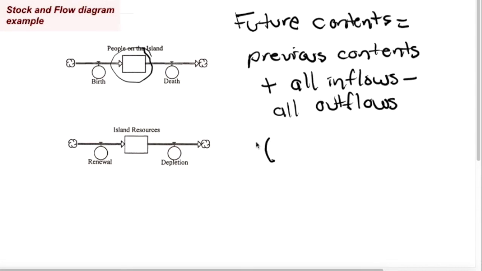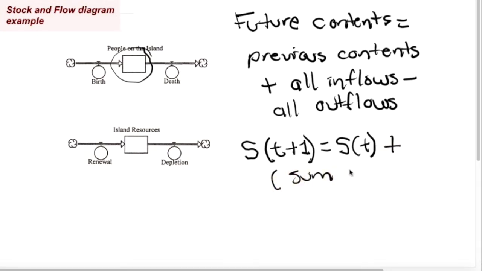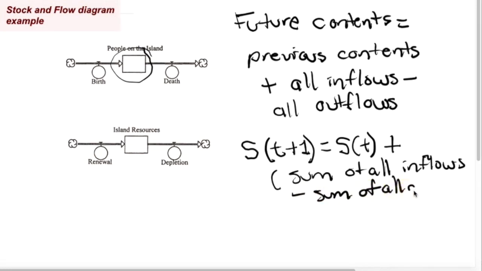So the stock at time plus 1 will be equal to the previous content, or previous size of this stock, plus the sum of all inflows minus the sum of all outflows, right?